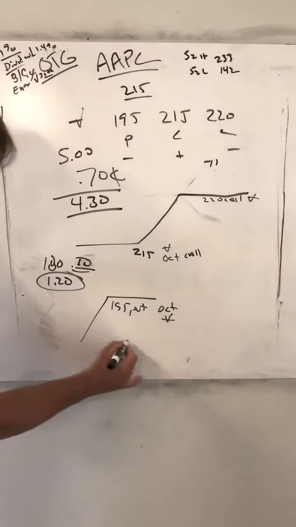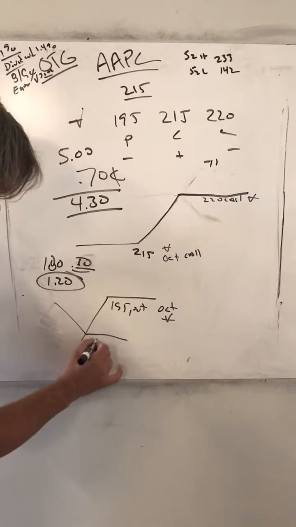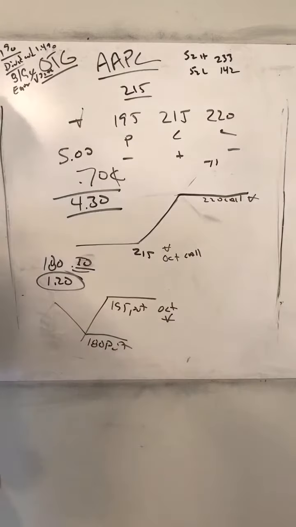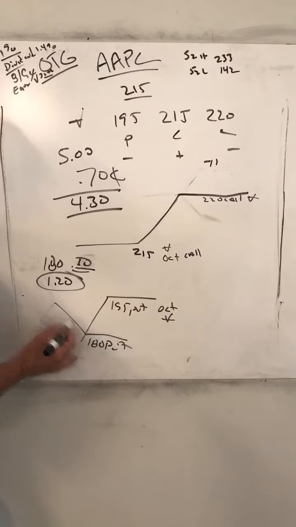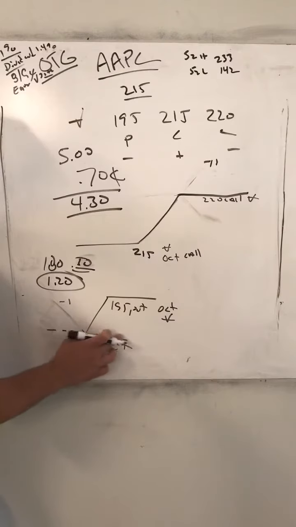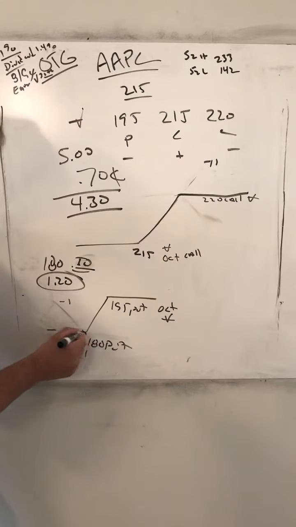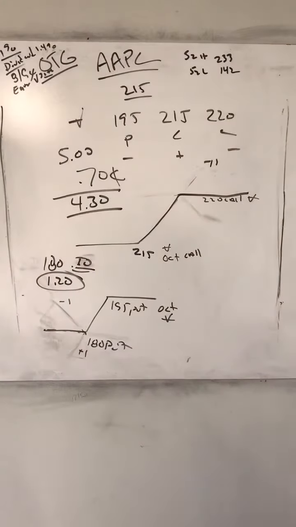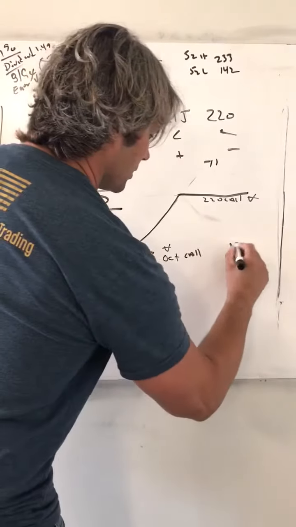And we're going to have 15 points on the downside because we're buying this 180 put. And we have a negative one slope from the put that we bought. We have a positive one slope from the put that we sold. So we're short a put spread to make that trade cheaper. And we can lose $15, right?